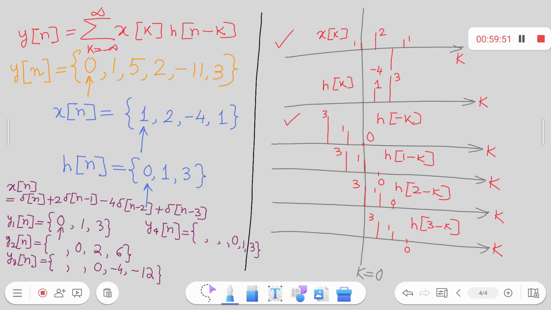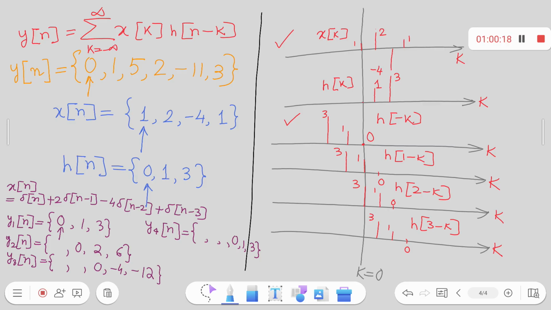Right? And you have to perform this process until there is no overlapping left. So this is for n is equal to 3. Then you have to shift by 1 unit again, and then another unit. h of 4 minus k, h of 5 minus k.